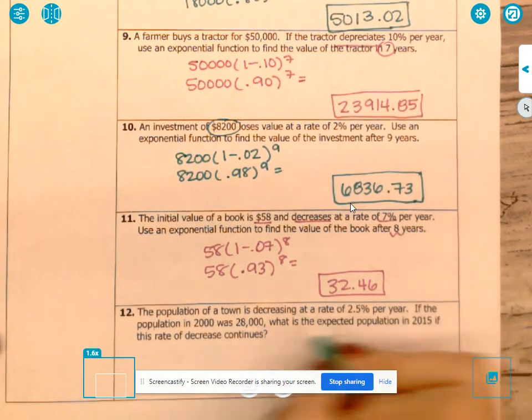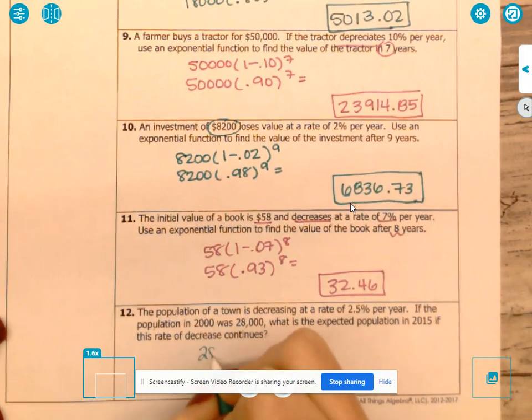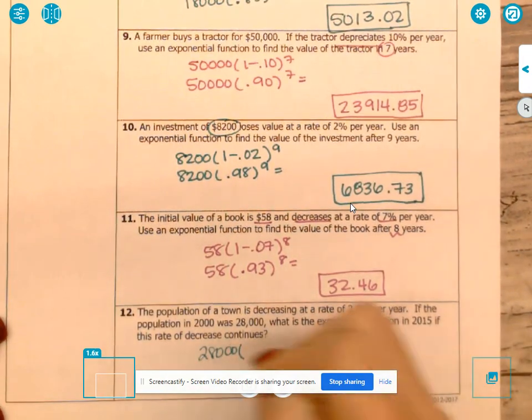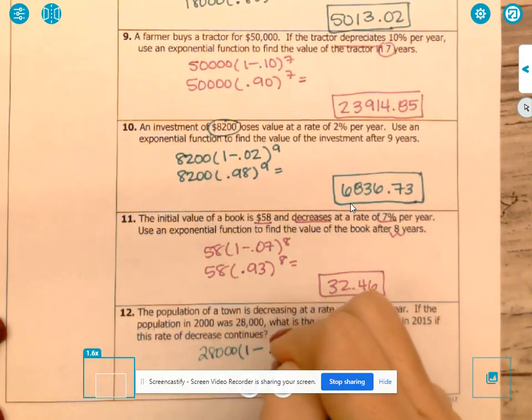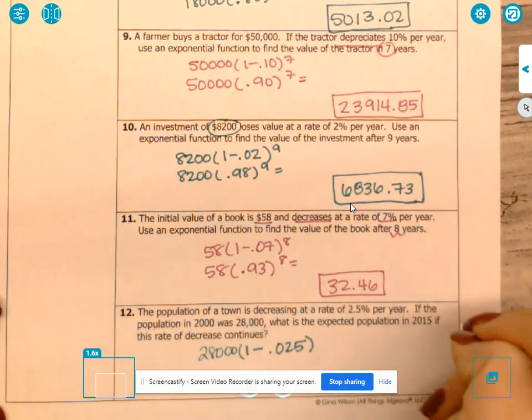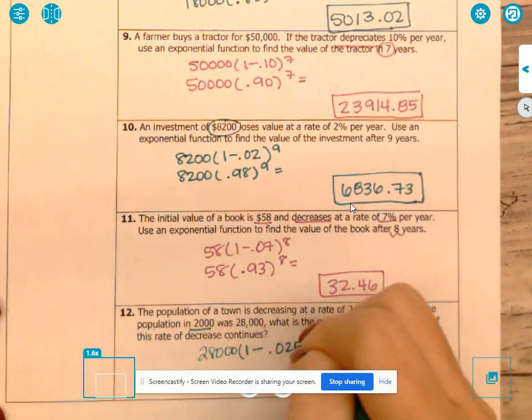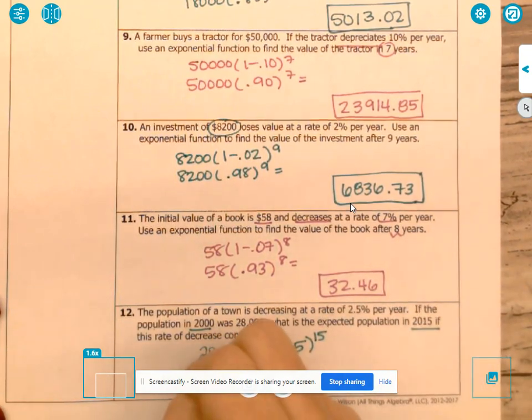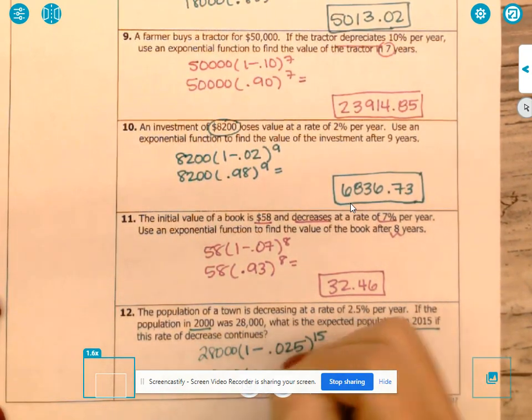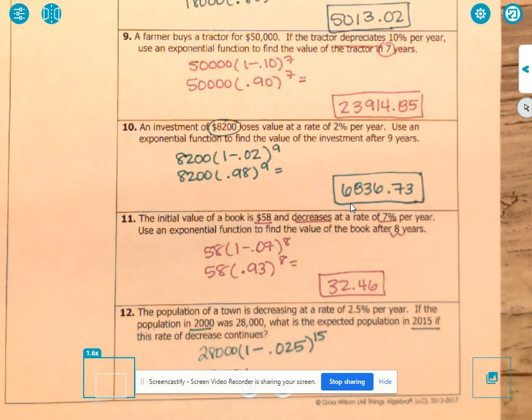All right, and number 12, the population of a town is decreasing at a rate of 2.5% per year. Okay, so if the population of 2000 was, so our initial here is 28,000, decrease, that's going to be 1 minus 0.025, and we're going from the year 2000 to 2015, which is an exponent of 15.